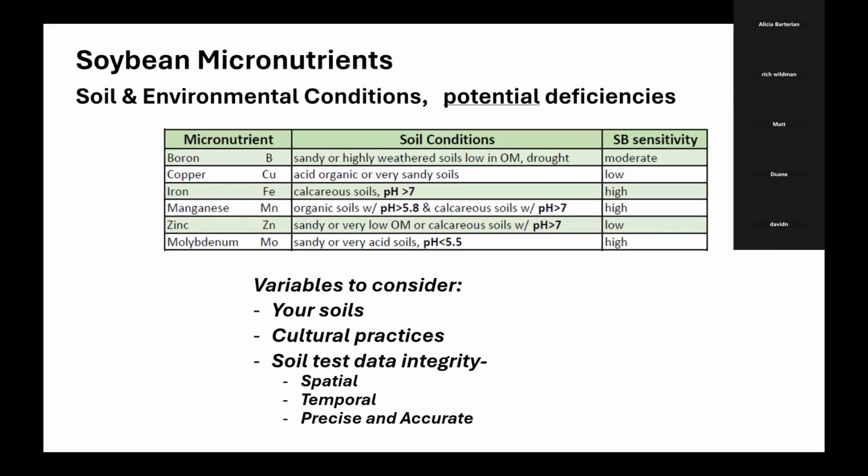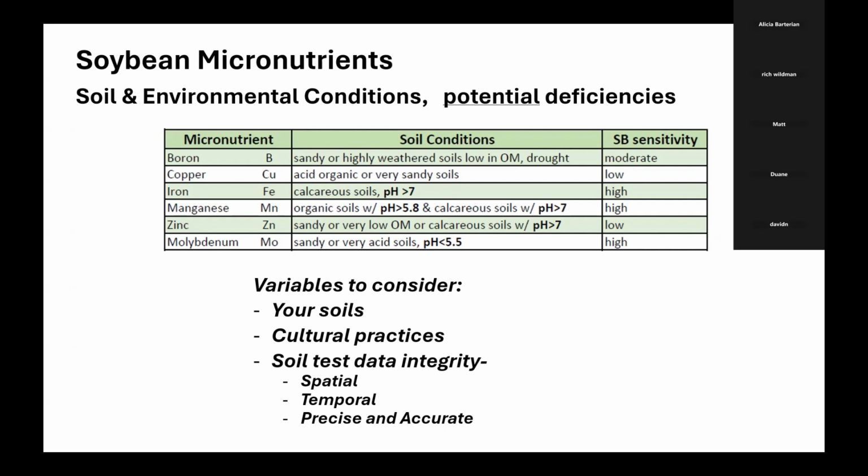This goes back, very similar to what we have in beans: look at the soil conditions, look at the field conditions. Are we going to get a response? So when we look at boron, we know what the field and soil conditions are. Then we look at the sensitivity.